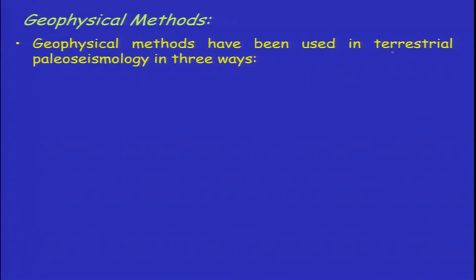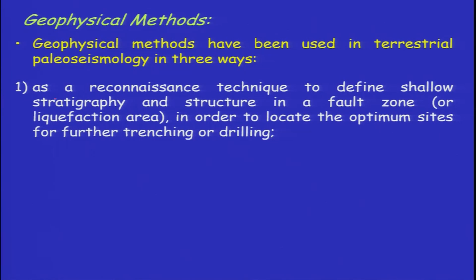Geophysical methods have been used in terrestrial paleoseismology in 3 ways. One is as a reconnaissance technique to define shallow stratigraphy and structure in a fault zone or liquefaction area in order to locate the optimum site for further trenching or drilling.